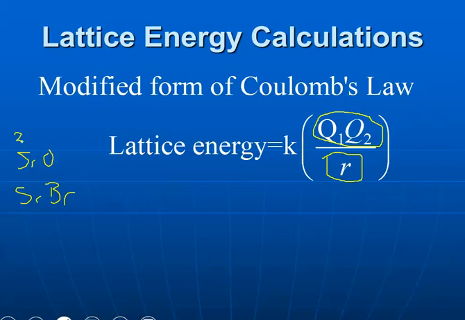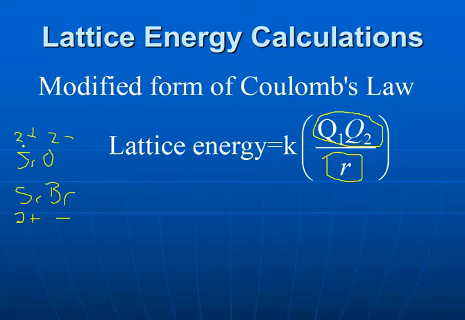So this Sr is a 2+, the O is a 2-. Here in this compound, again, we have Sr as a 2+, and the Br is a 1-. Now looking at Coulomb's law over here, the greater the magnitude of the charge, the larger the energy. So 2 times 2 is 4, which is much larger than 2 times 1. It's double that. So you would probably expect the lattice energy involved with the formation of SrO to be maybe double the lattice energy of SrBr2.